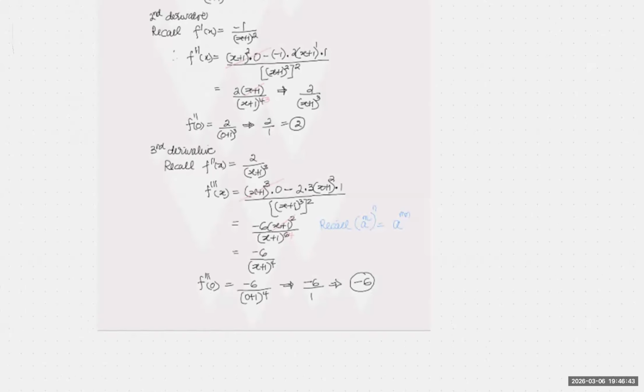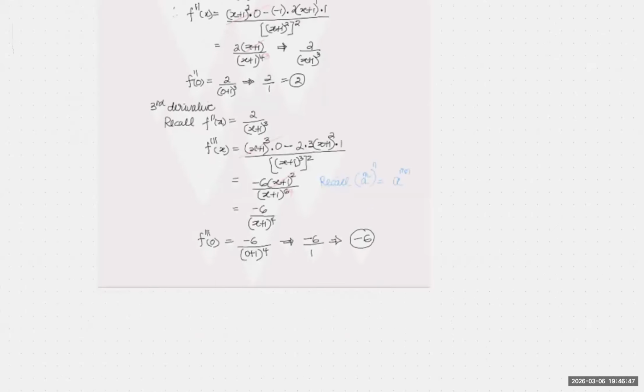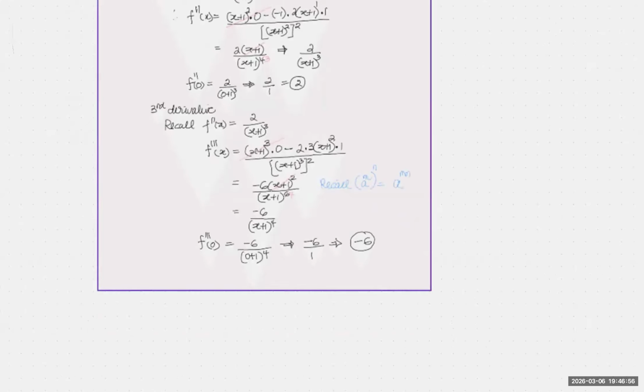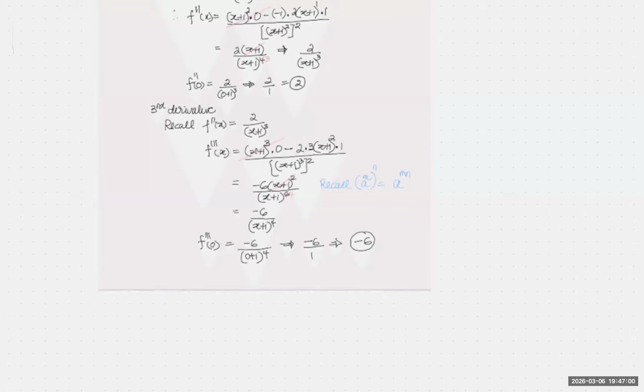I'm trying to recall what the F triple dash was. Okay, so F triple dash is -6.